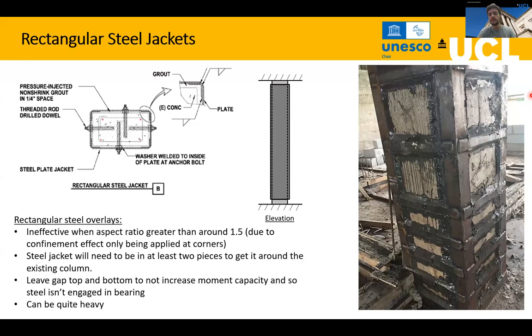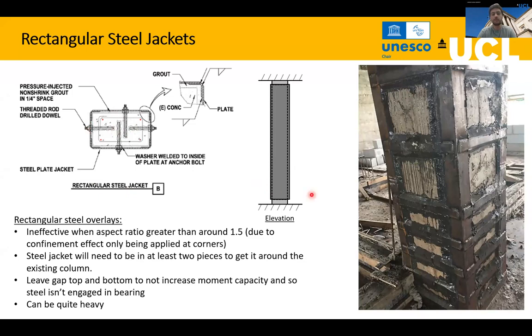Another possibility that will not affect that much the area of the element is steel jacketing. In here you will include some steel plates with, again, some drilled dowels over here to connect this new element with the existing one.